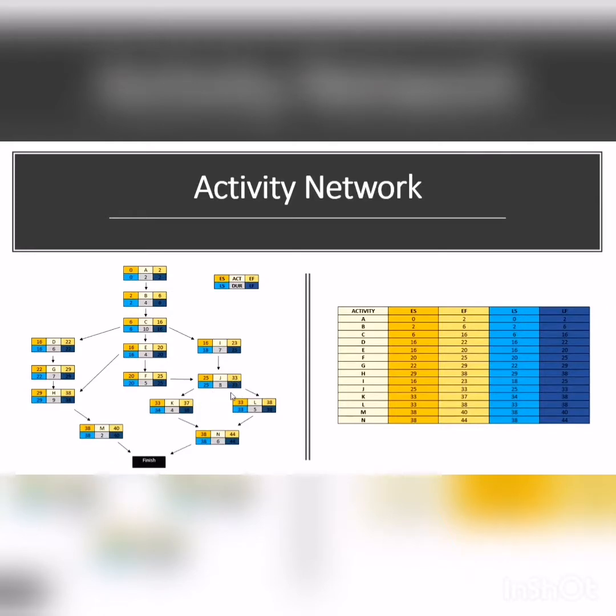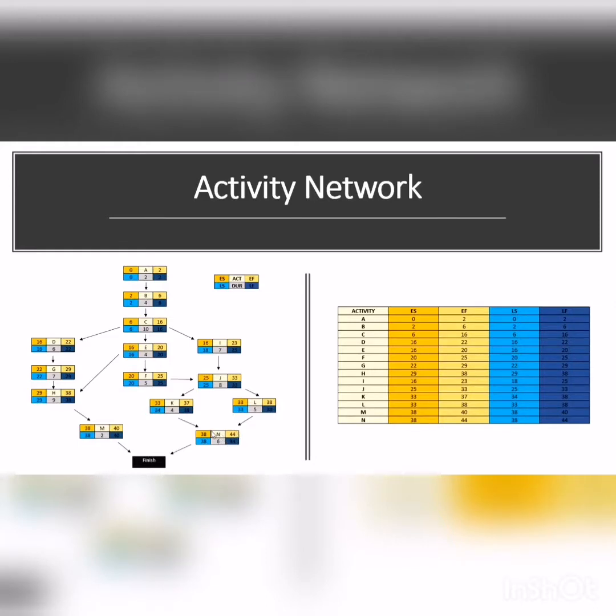For the value of K and L, the value of 33, we put them into K and L for early start. So for N, same too, we need to choose the larger EF between K and L. So obviously L is the larger one. So we put 38 here, 38 plus 6 is 44.